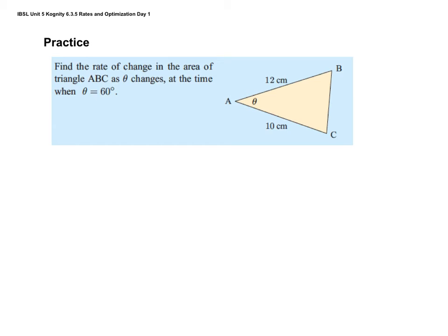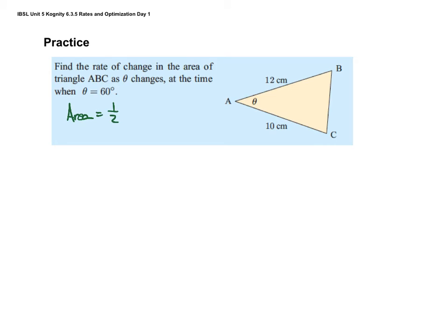We have our area of a triangle, and we're given that side AB and side AC are 12 centimeters and 10 centimeters. So how do we find area? Half of base times height.